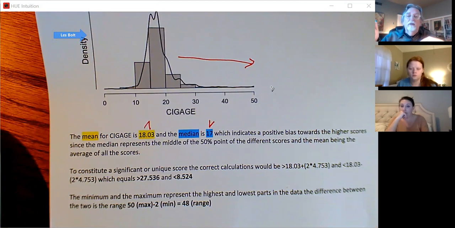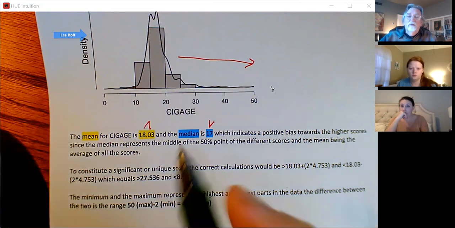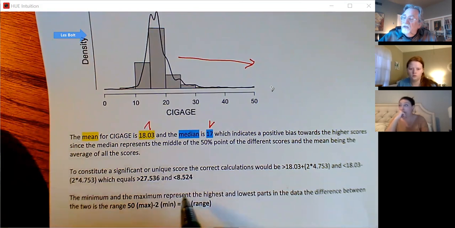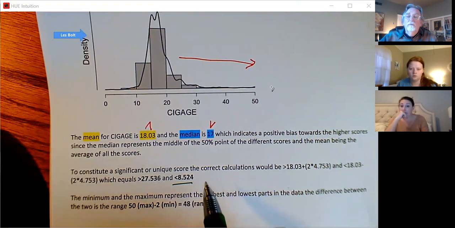So in this case, the calculation gives us that anything that's less than 8.54, in other words, if somebody started smoking at 8 years old, that would be a significant difference from the group, and a significant concern too, but certainly a significant difference.